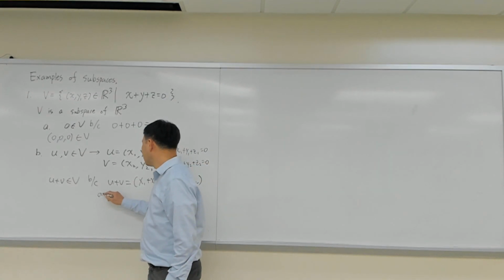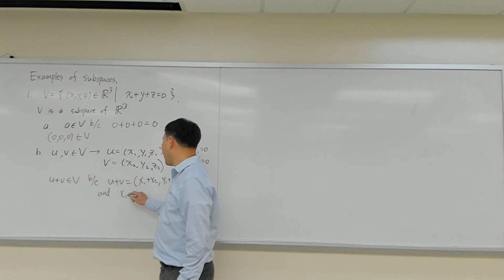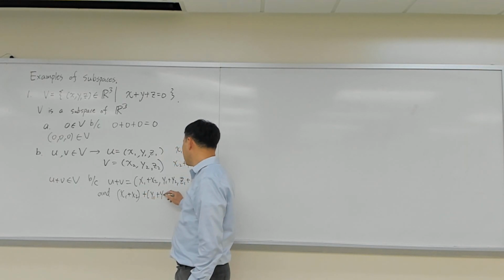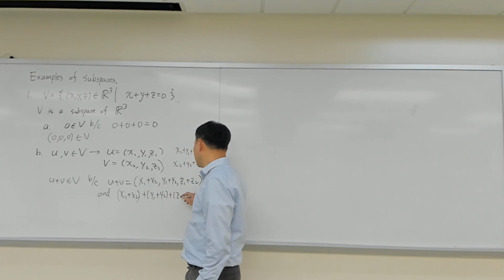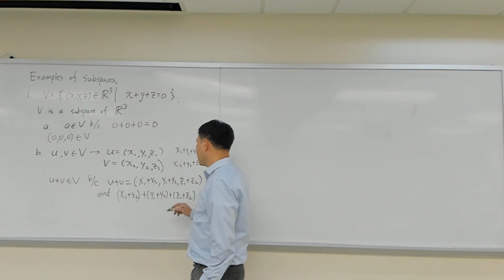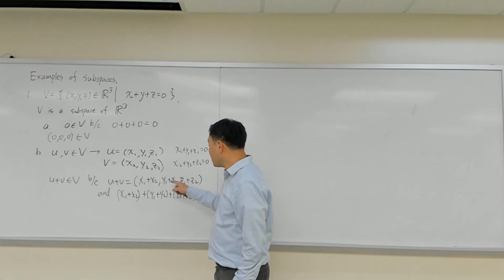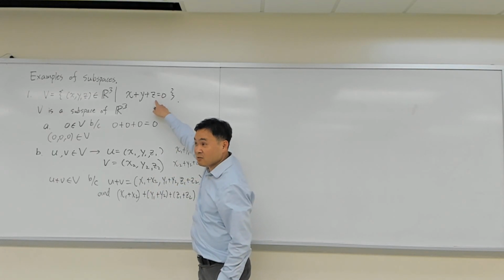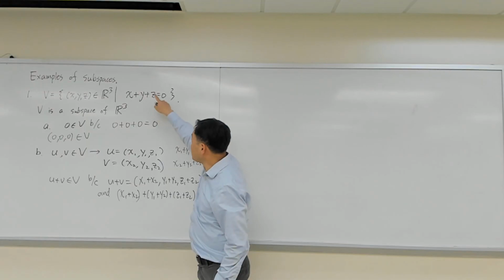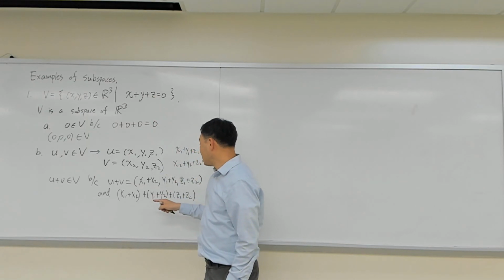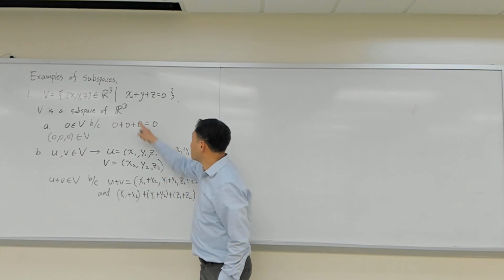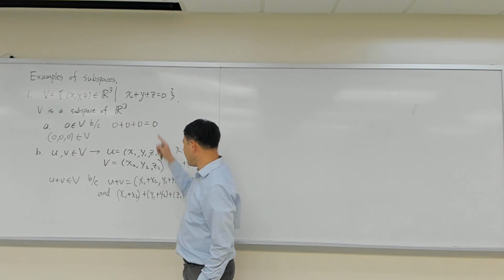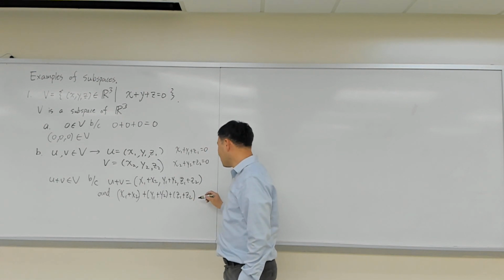If you add all of these together, we have to show that this is 0. To show that this is in V, you have to show that it satisfies this equation. Just take this one and plug it into x, this one into y, this one into z, and show that it is indeed equal to 0.